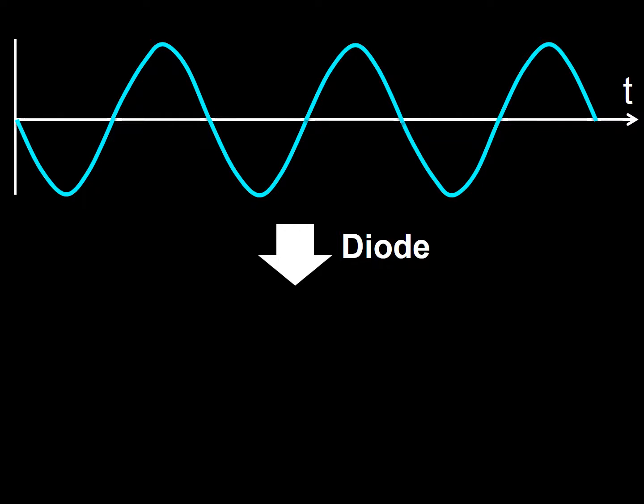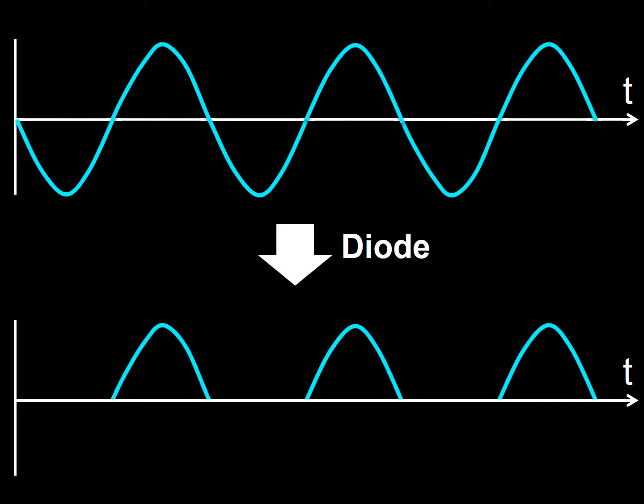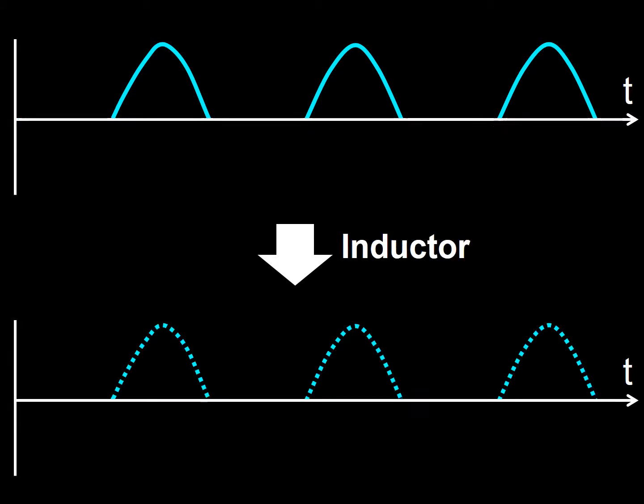The conversion of alternating current to direct current starts with a diode. Diodes can be built to allow only the electricity traveling in one direction to go through. At this point, an inductor is needed for further modifying alternating current to make it direct current.